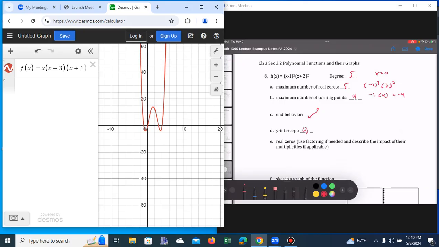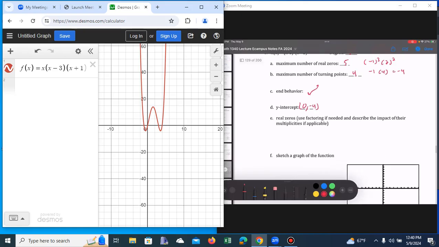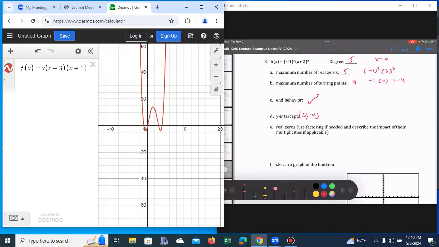So 0, negative 4. This is one of the first ones that we have that doesn't have it crossing the origin. Now, number of zeros, you'll have 1, negative 2. 1 has a multiplicity of 3. Negative 2 has a multiplicity of 2. So the negative 2 will touch, and the 1 will cross.